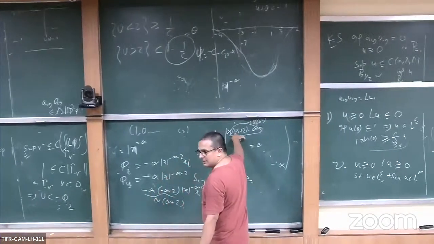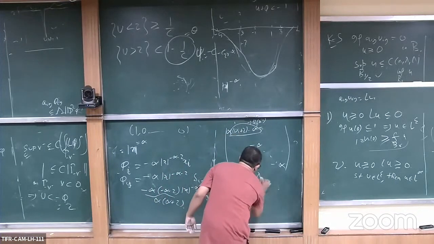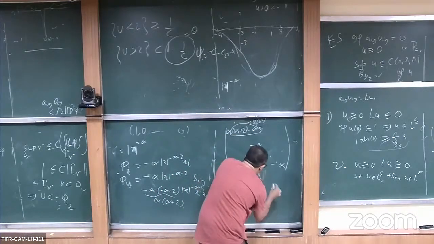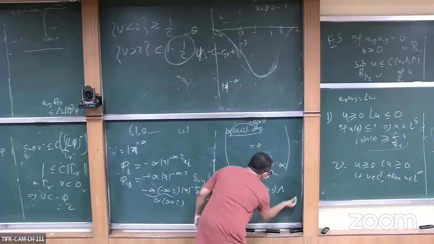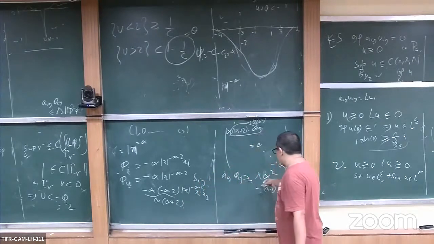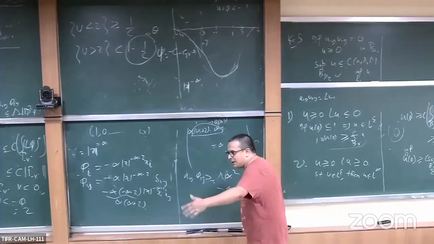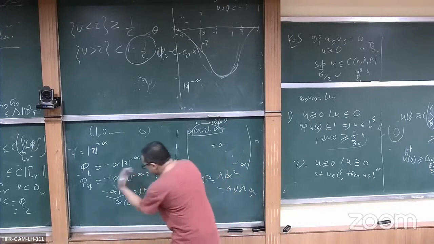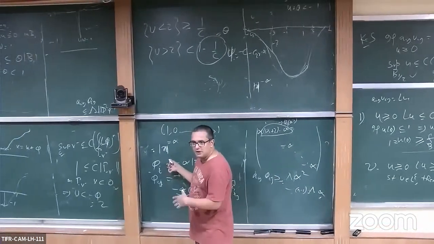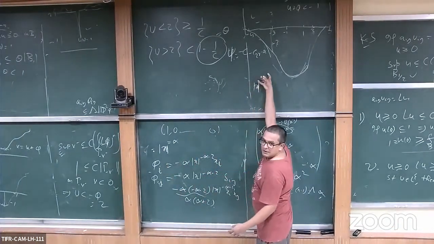This is bigger than or equal to this eigenvalue, little lambda times alpha square minus n minus 1 times capital lambda times alpha. Now little lambda and capital lambda are comparable to one another by ellipticity. So if I take alpha large, then I can produce a sub solution for this. That means I can produce a super solution for this.